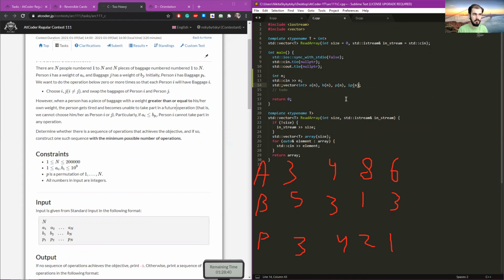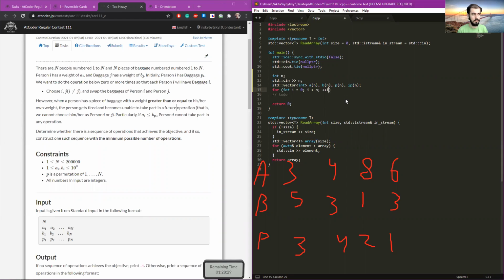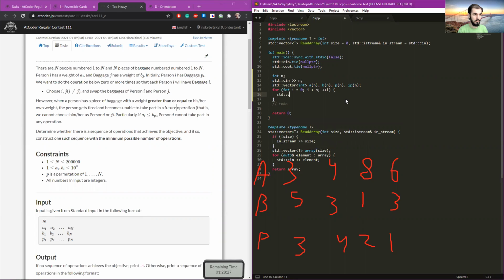I think we'll need the inverse permutation. First, we'll need to read A. Actually, that was unnecessary.